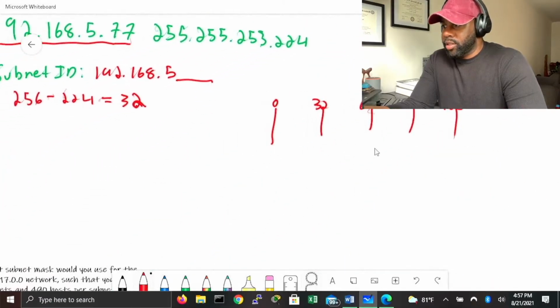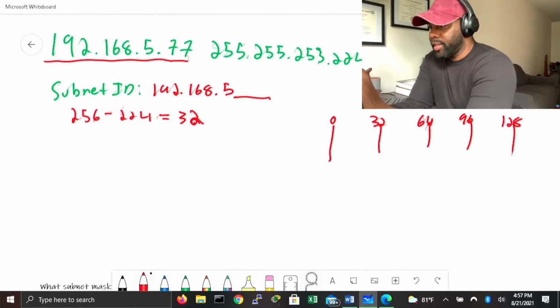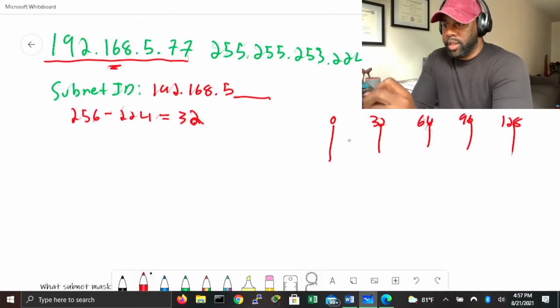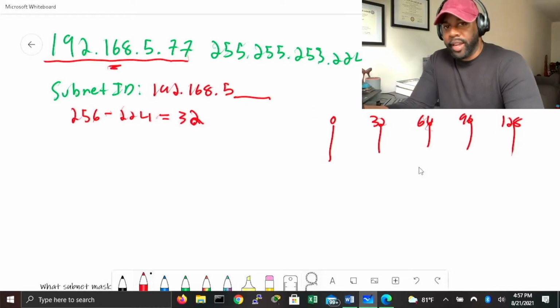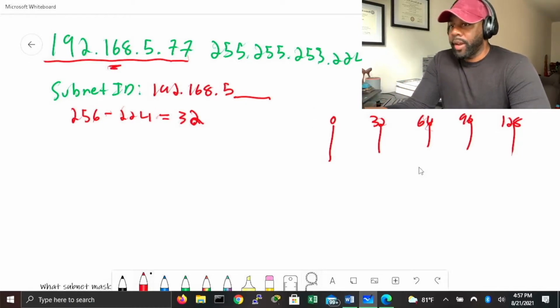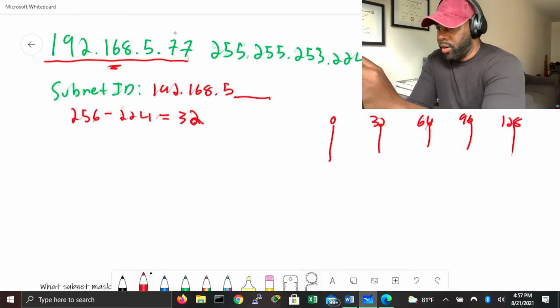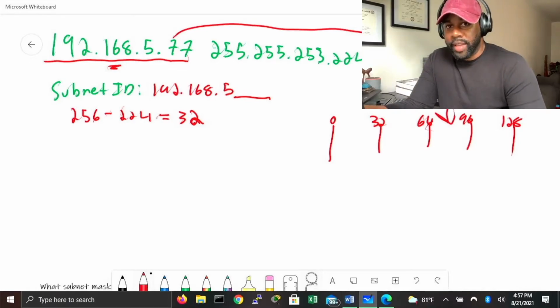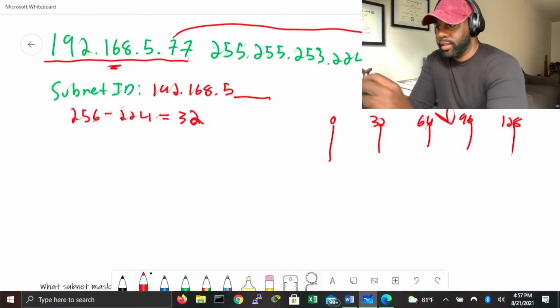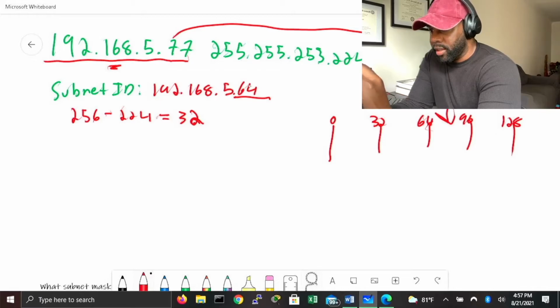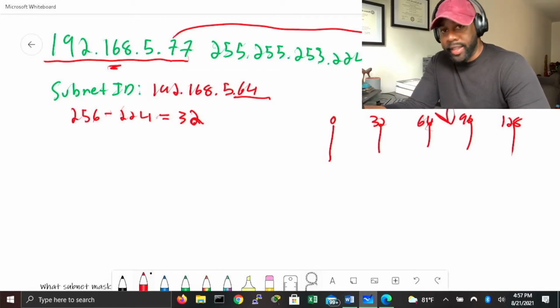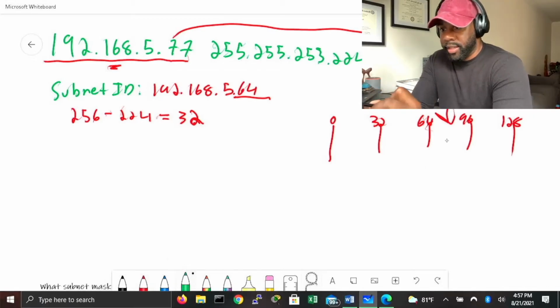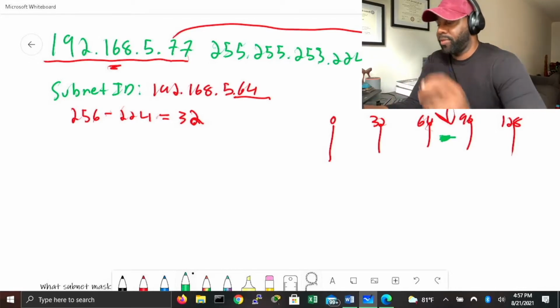So where does this IP address fall in this little drawing? This IP address falls right here. So that means that the subnet ID is 192.168.5.64, as defined by this right here.